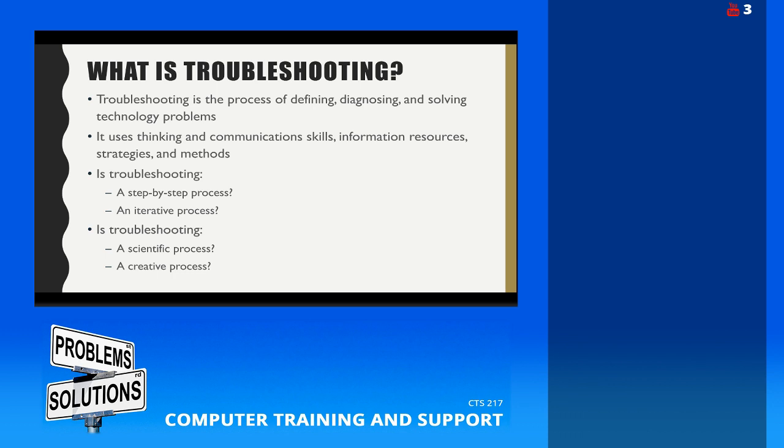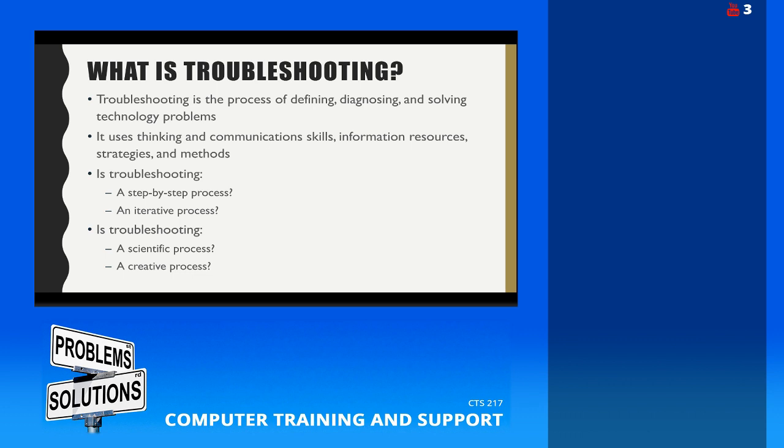But in a way, it's also a creative process. Sometimes the problems that you encounter are entirely brand new, and the ways that you solve those problems might require a little bit of creativity.